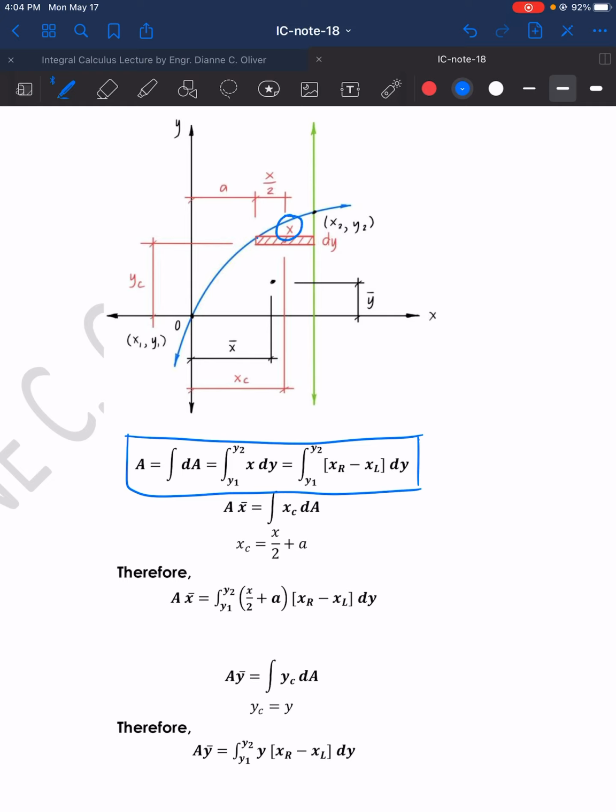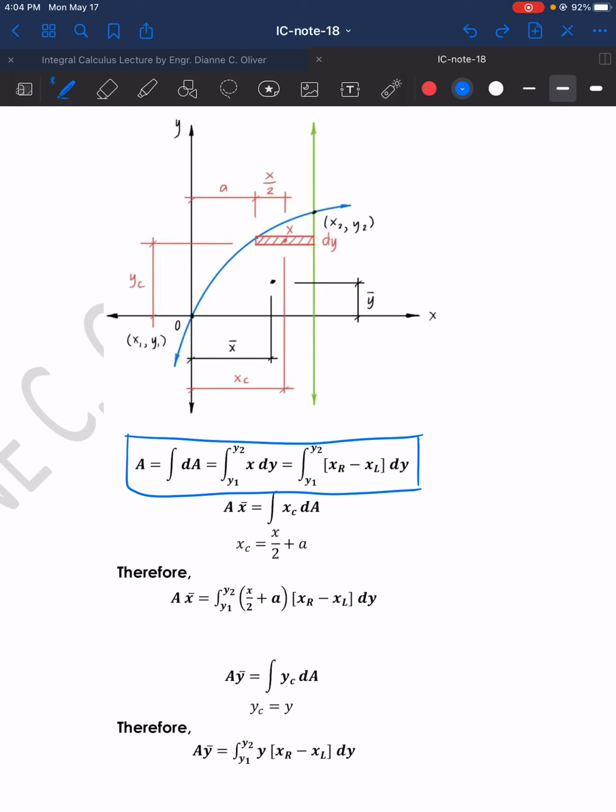To find the value of x, we need to subtract the x of the right boundary and the x of the left boundary. That's why we have here in the formula, for x, it will become x right minus x left, dy, then the limits are y1 to y2 because we are using dy.